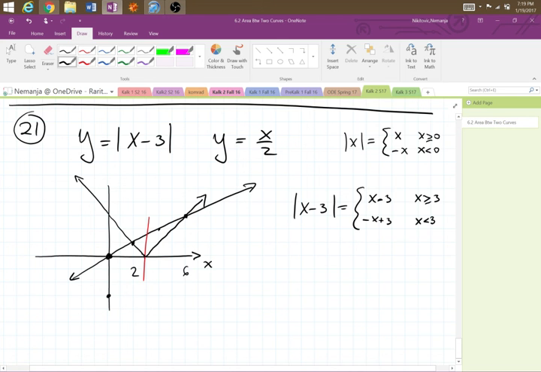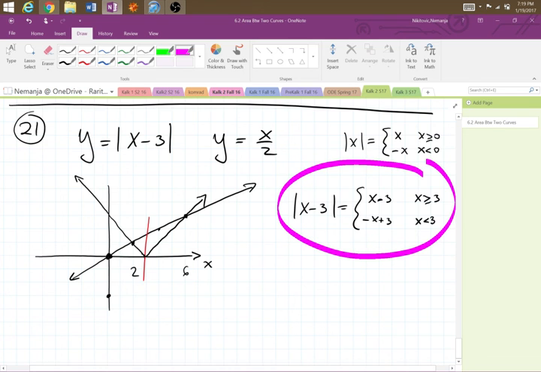Now, what does this mean? Once you have this, and guys, this is what you actually need to know. You can't integrate if you don't know this. Because these two, this one and this one, are your functions for integration. So this piece of a line here is your negative slope, minus x plus 3, and this line over here is your x minus 3.